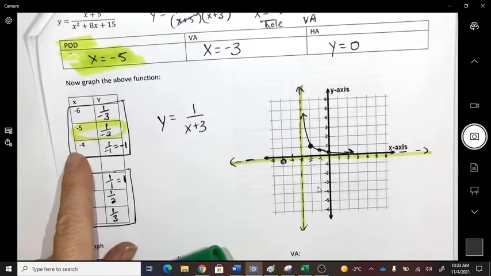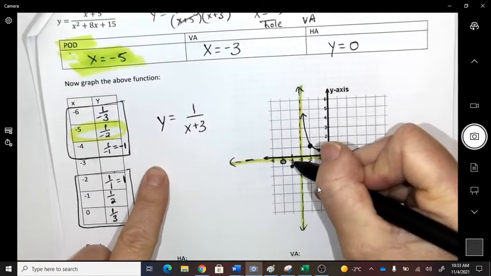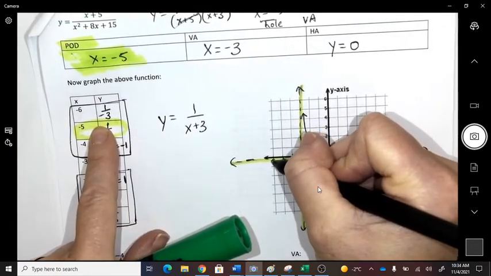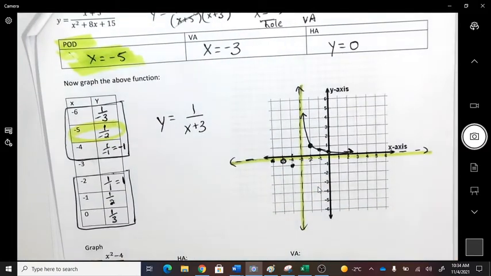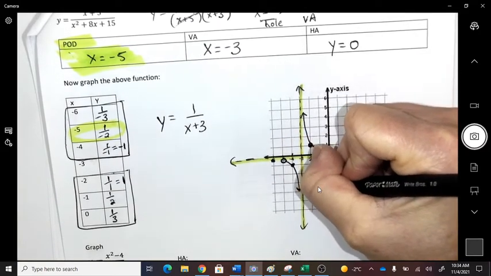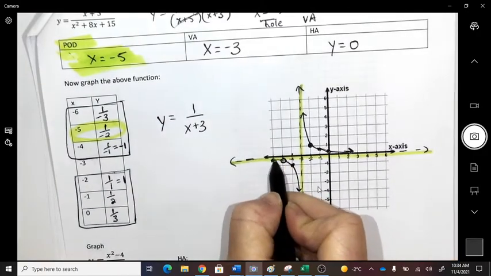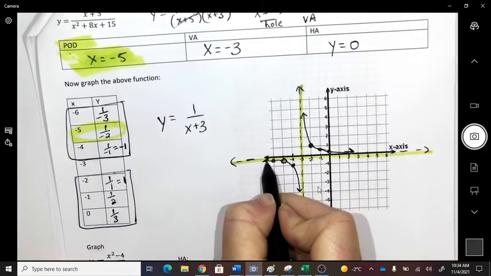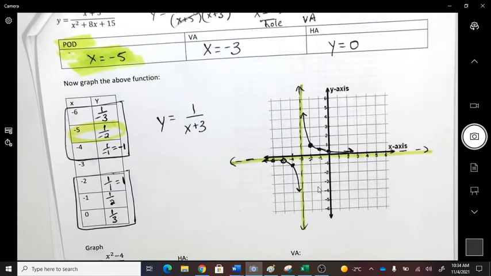Okay, and then -4, -1, 6, -1/3. But do you see I'm going to have an open hole there? Okay, so I'm going to shoot down, and then on the left I'm going to flatten out. That's it. That's how you graph them.